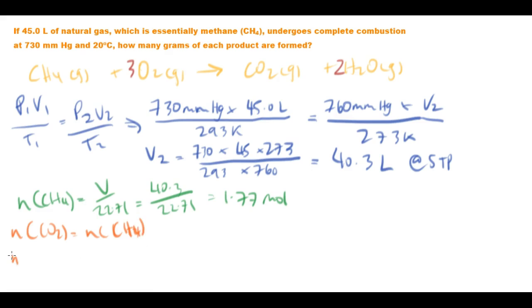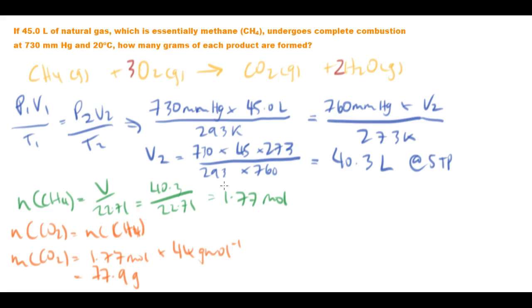Okay, so to get the mass of our CO2, we get the number of moles of methane, which is 1.77 moles, times the molar mass of carbon dioxide, which, if you're doing ATAR chemistry, you should know off by heart, which is 44 grams per mole. And the mass ends up being 77.9 grams to 3 significant figures.